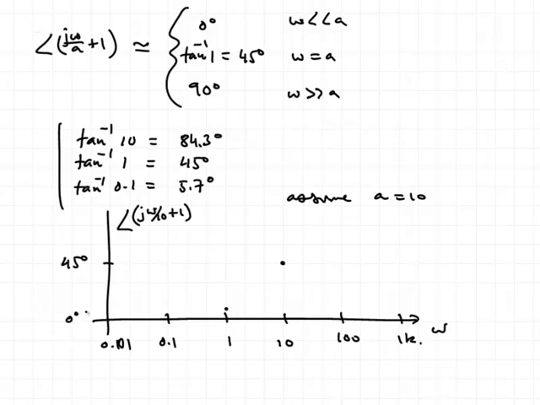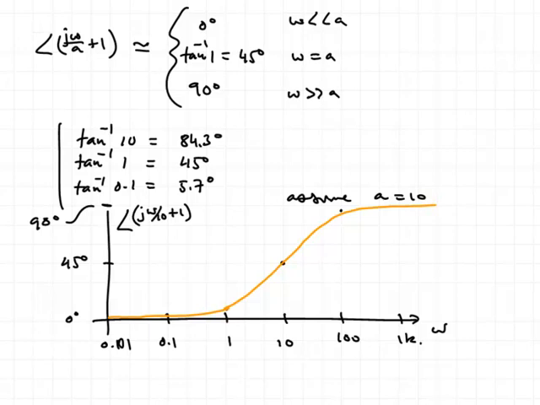This is 0 degrees. And we'll say up here we're at 90 degrees. And a decade above, we're at 84 degrees, which puts us very nearly there. Well, the actual curve is going to look like something like this, right?